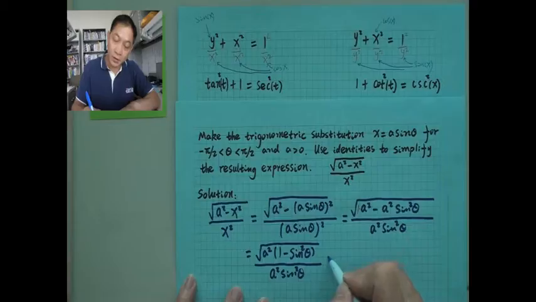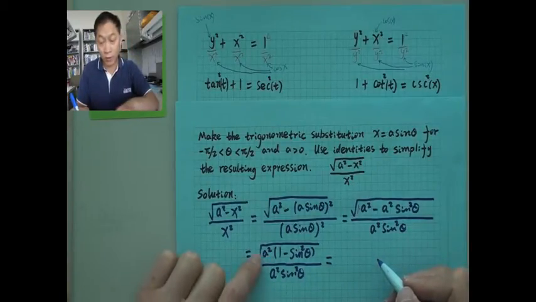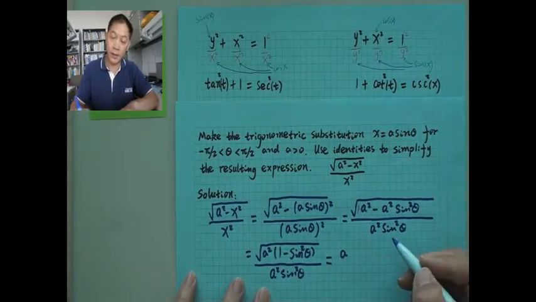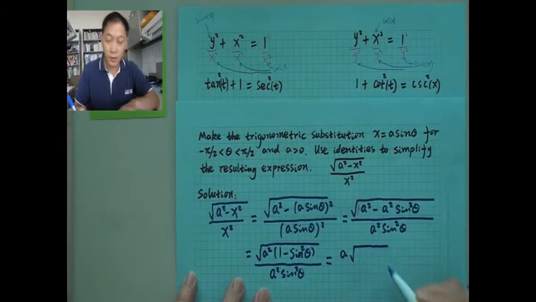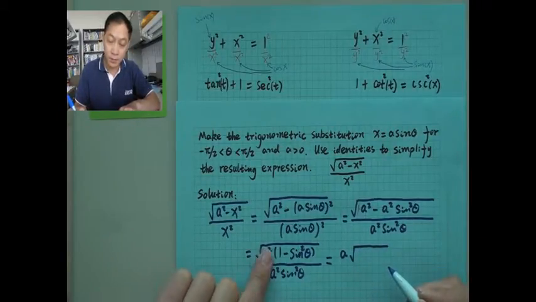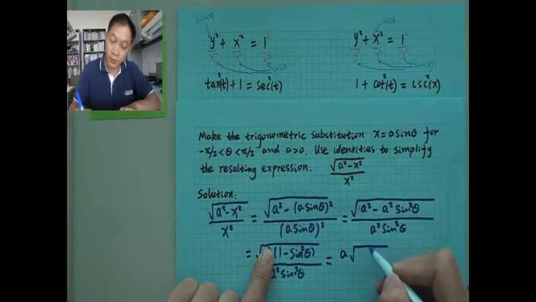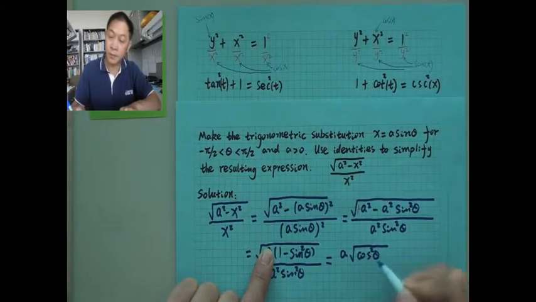Now keep going. Equals, you have a radical sign, get a out. And then inside you may put radical. A is out here. 1 minus sine theta squared. Up to now, probably you remember that's cosine theta squared.